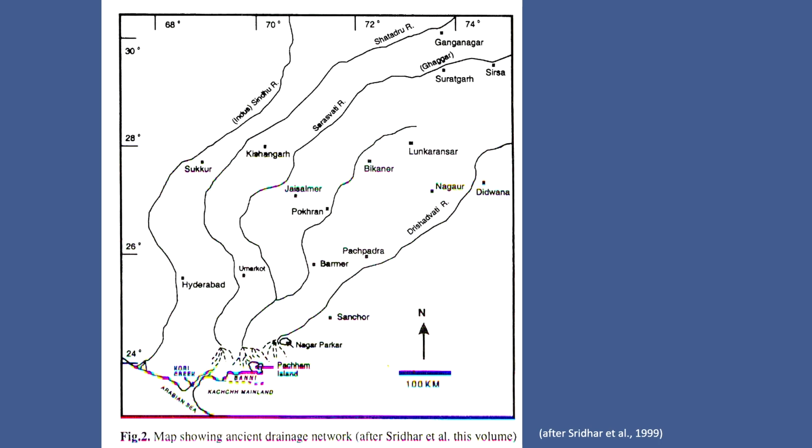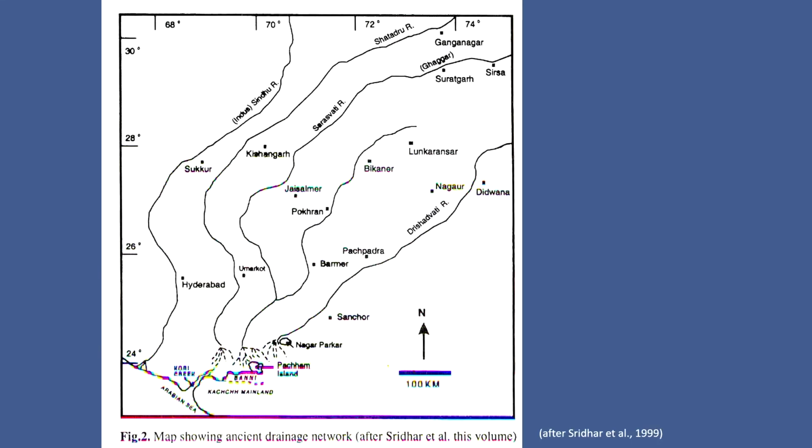So if we look at the signatures of paleo channels in Rajasthan and Gujarat region, and then connect them to the major river systems or drainage systems flowing in from the Himalayas, there are studies which talk about this area being quite green, with major rivers flowing across Rajasthan and Gujarat, and finally debouching into a shallow arm of the sea, that was the Arabian Sea.